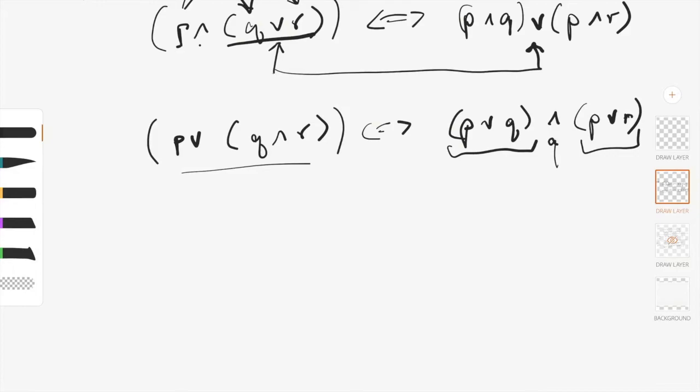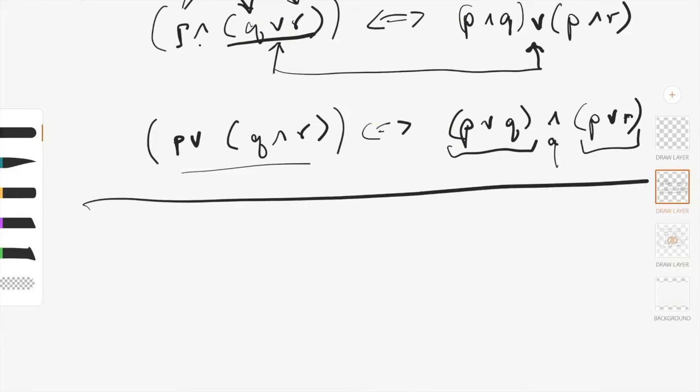All right, let's look at one more. This one is quite straightforward. Let's say we have an expression P. P is logically equivalent to the negation of the negation of P. This is an appropriately named equivalence. It's called double negation.